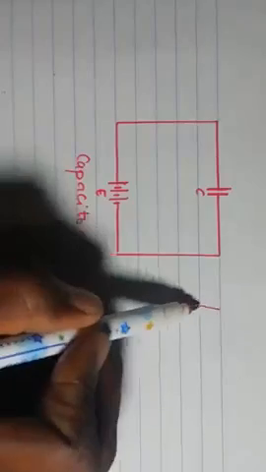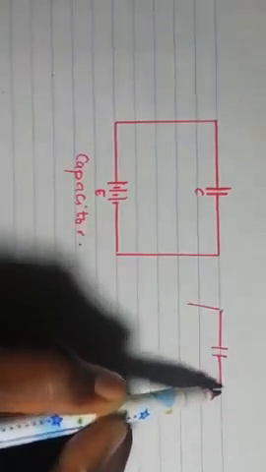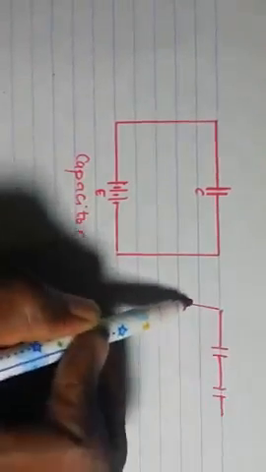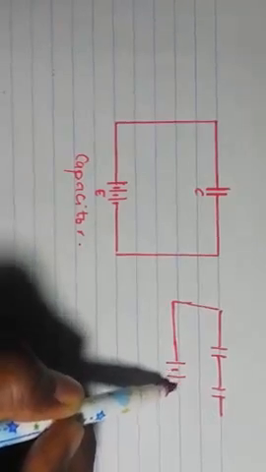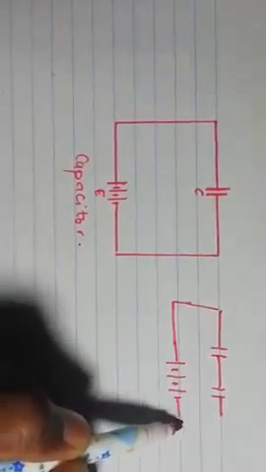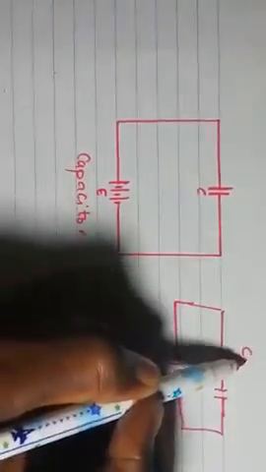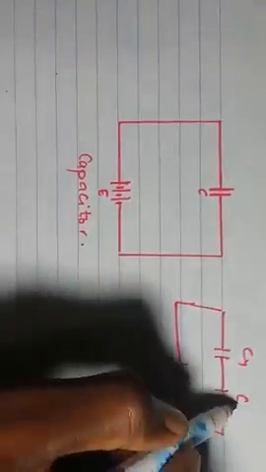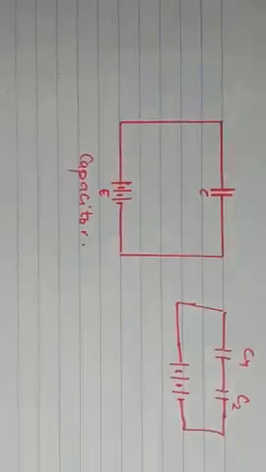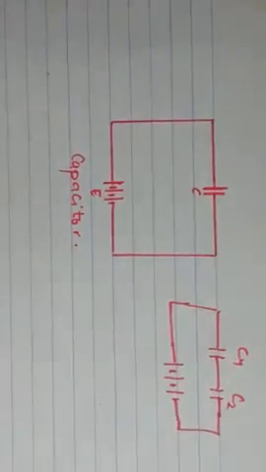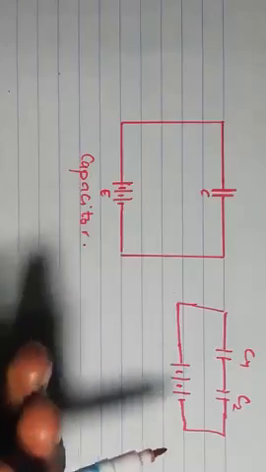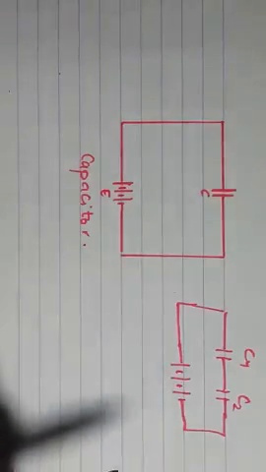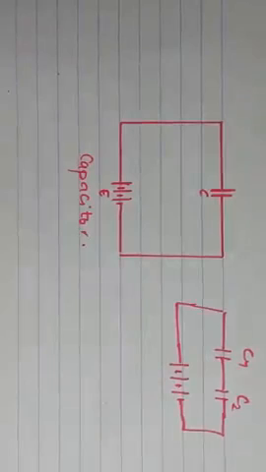Now, for capacitors in series, we have something like this. We have capacitors like this in series. How do we calculate the capacitance? Capacitors in series simply act as the opposite of resistance in series.